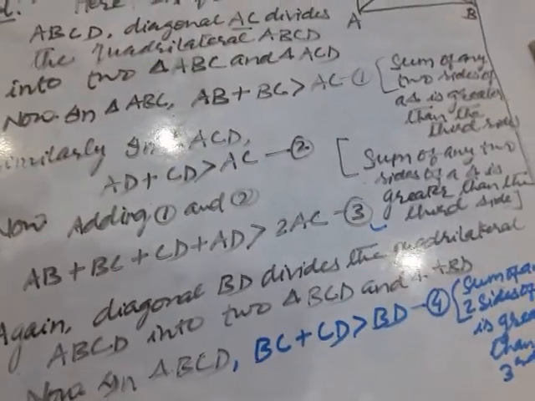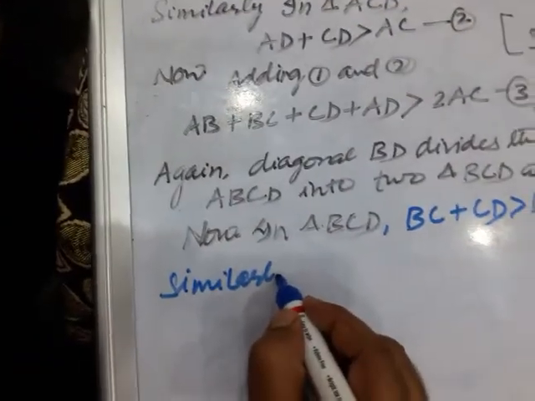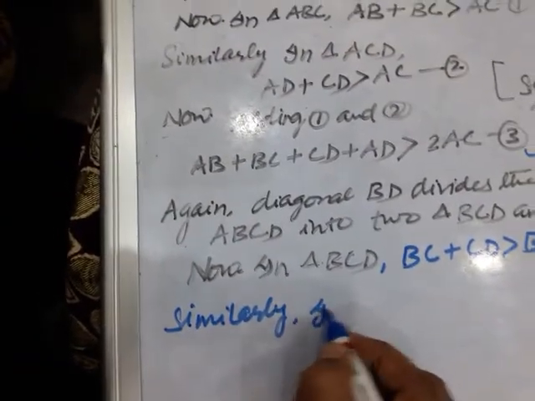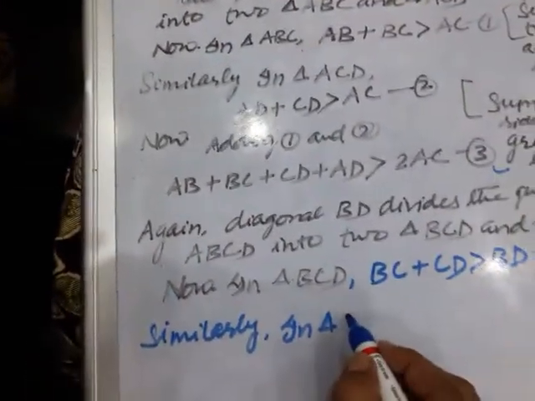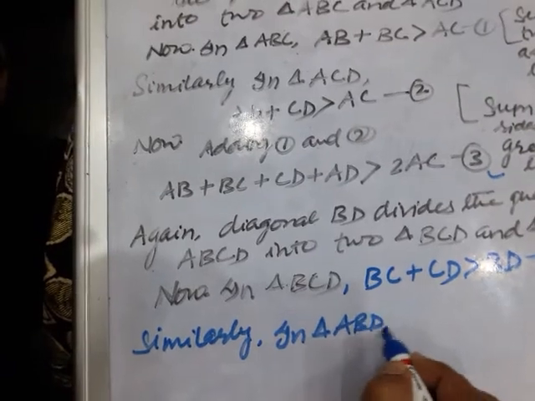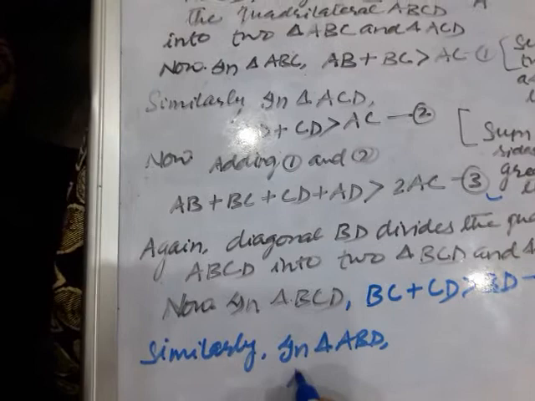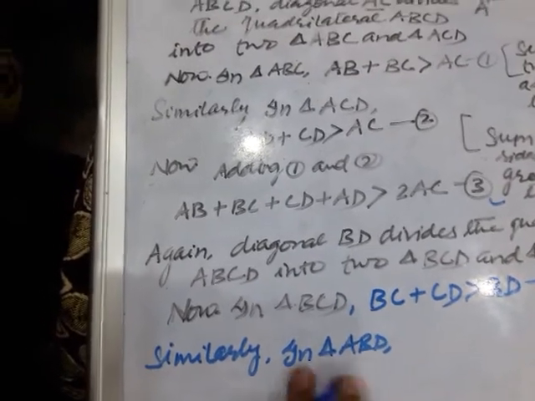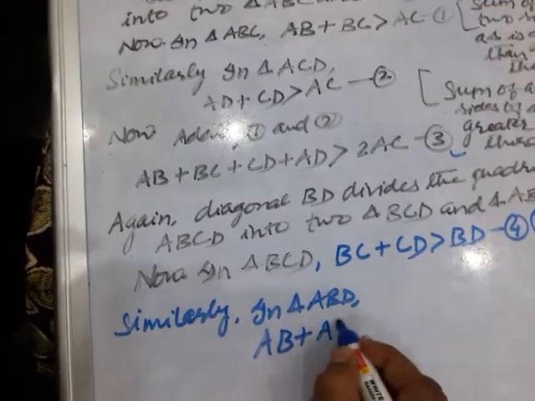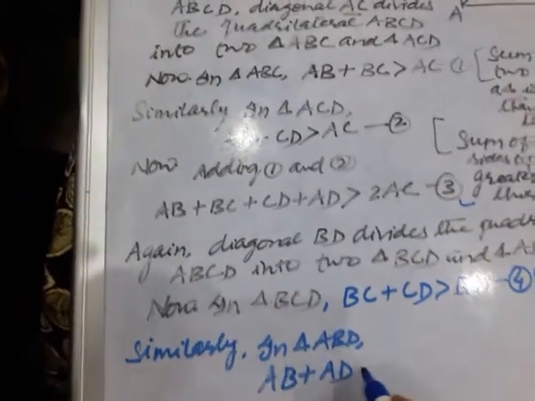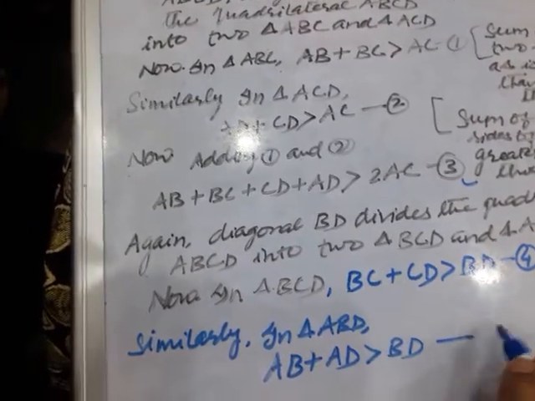Clear. Similarly in triangle ABD, what do we have? AB plus AD is greater than BD. Again the same property is used.